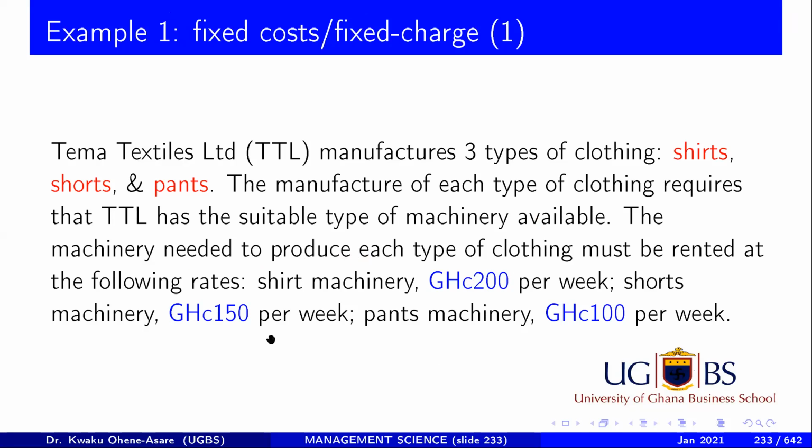You need 150 cedis machinery cost for shorts machinery to be there. So this machinery has to be there before you even think about producing the shorts. The pant machinery, you've got to incur that cost of 100 cedis before you even think about producing the pants.